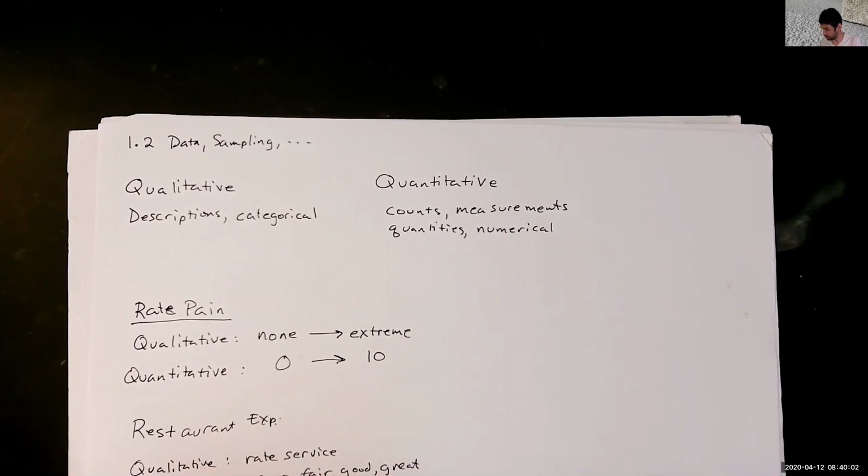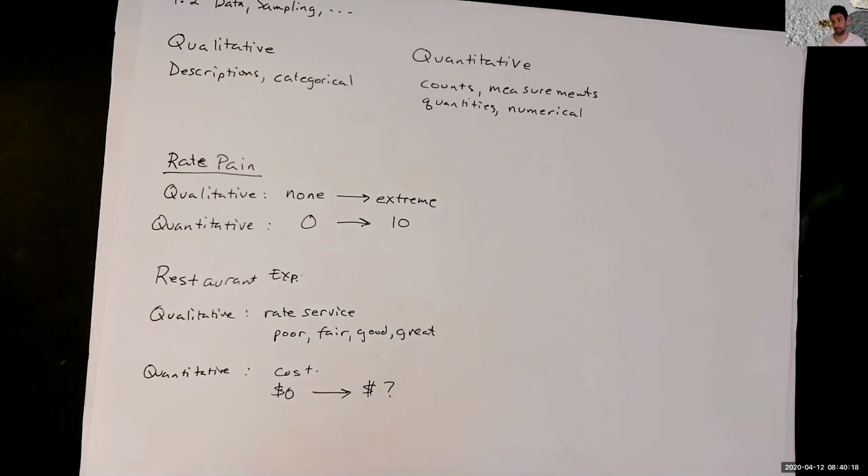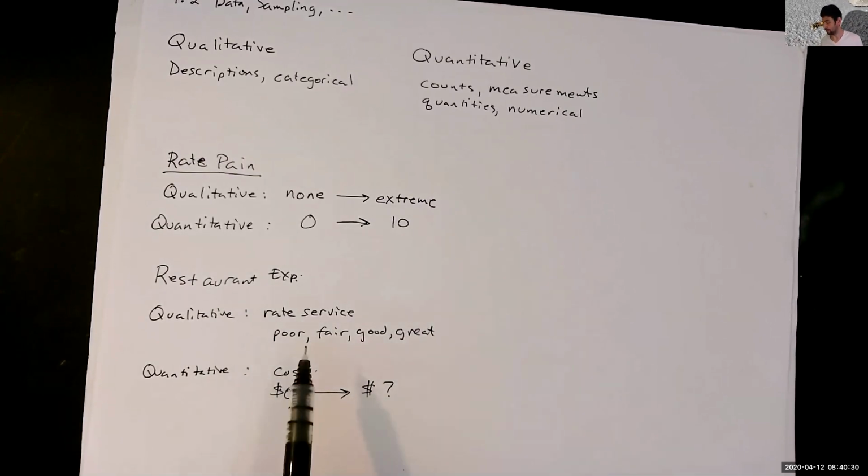And a quantitative experience might be something about the cost, right, from 0 to however, oops, pardon me, move that up. So we're rating the service up here, and then quantitative would be rating the cost from 0 up to however high the highest, most expensive meal is, right? Again, we get things that are categories versus things that are numbers, okay?